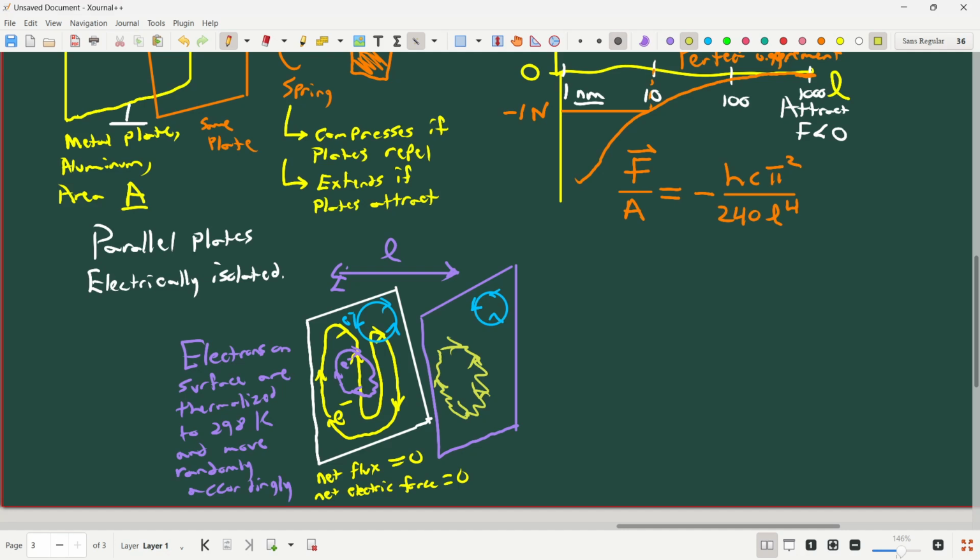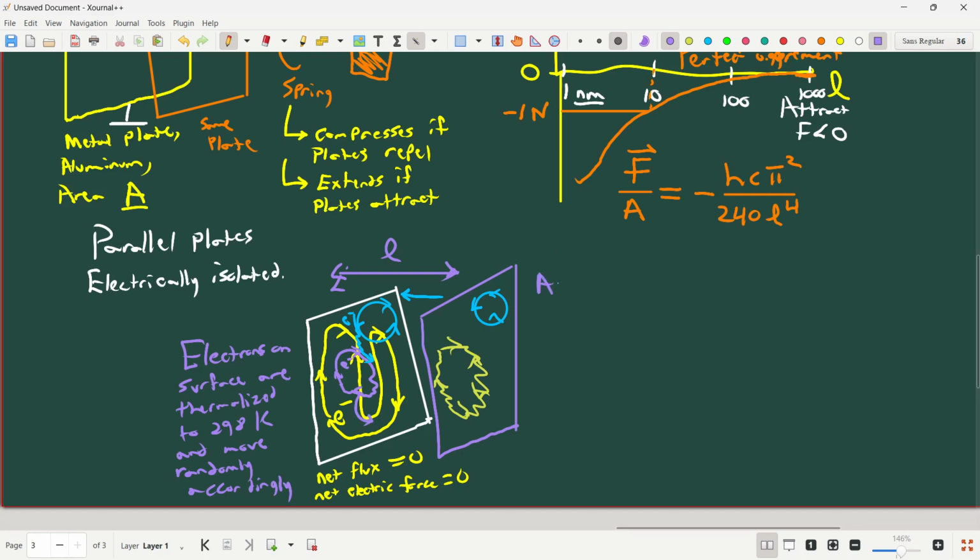But when you bring these close enough together, you may have a slight fluctuation in how the electrons flow. As the new plate starts to get closer, it may cause the electrons to jiggle a little bit. They might move differently.